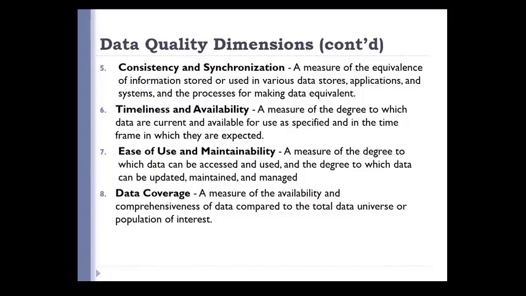So by using timeliness and availability, we're trying to measure the degree to which data are current and available for use. And also the ease of use and maintainability, which is a measure of the degree to which data can be accessed and used. Okay, and data coverage, a measure of the availability and comprehensiveness. So it is not only that the data is available, but is it comprehensive?